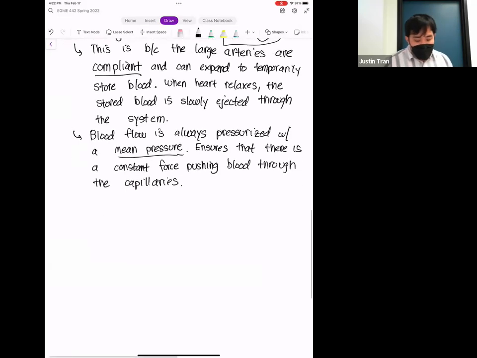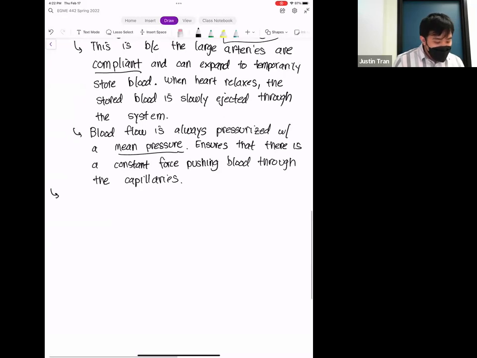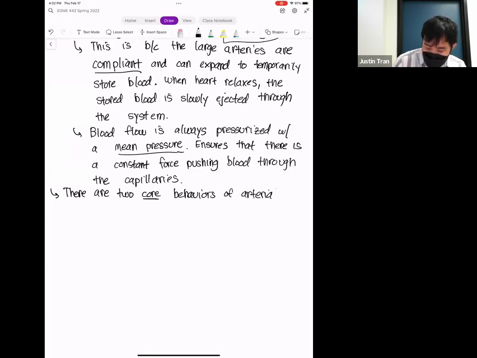Okay. All right, and so to summarize this, there are two core behaviors of arterial blood flow, and they're based off these two points here. The first core behavior is regarding the large arteries.